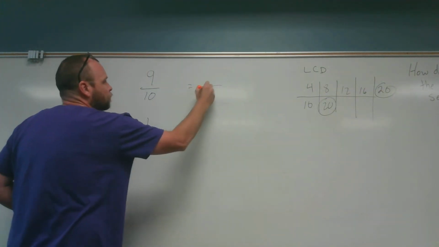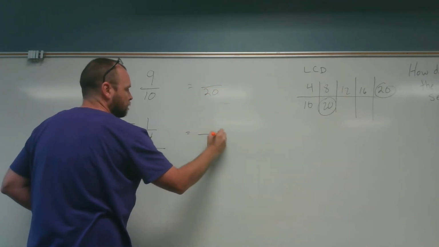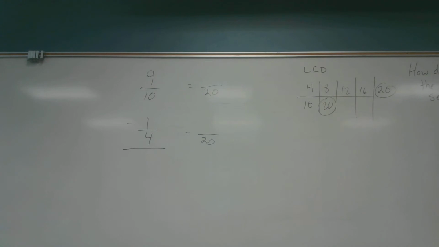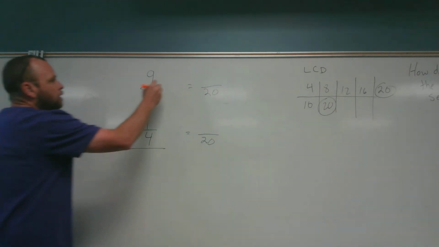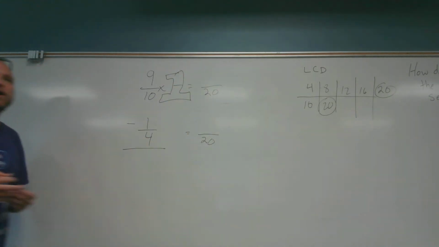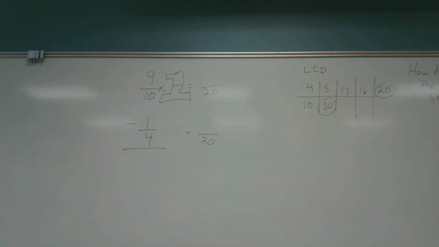So Izzy, I need to change. Are either one of them over 20 already? No. So I need to multiply both of them by a fraction that equals 1. What fraction would I use there, Izzy? 2 over 2.